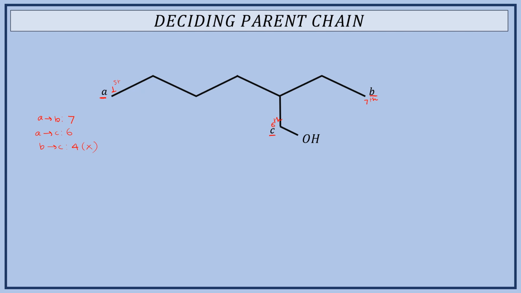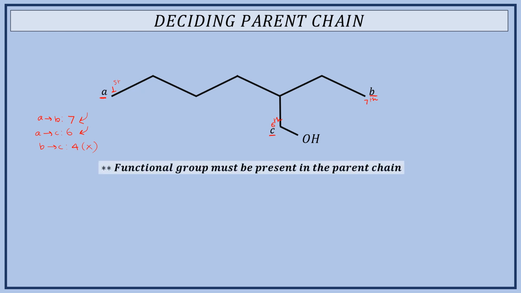Now we have to choose the parent chain. We have a chain of 7 carbon atoms and a chain of 6 carbon atoms. As per our earlier discussion, there should be no dilemma here. But in case of a functional group, we must include the functional group in the parent chain. This is a new rule introduced when we have some other functional groups in an alkane molecule.